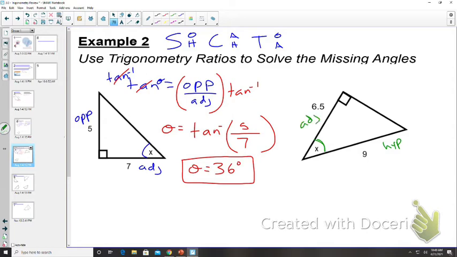Which one do you want to use here? CAH. Cosine of theta is equal to adjacent over the hypotenuse. So theta is equal to cosine inverse of the adjacent, which is 6.5, divided by the hypotenuse, which is 9.